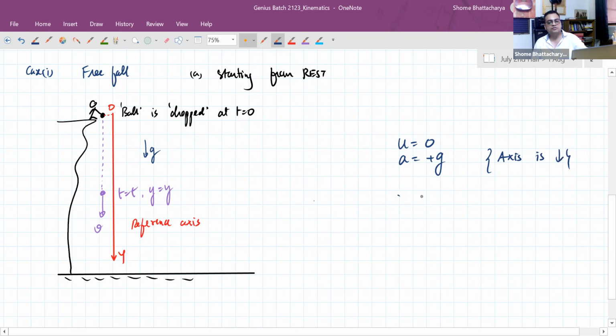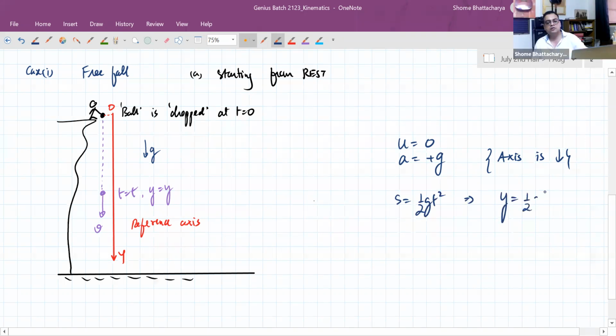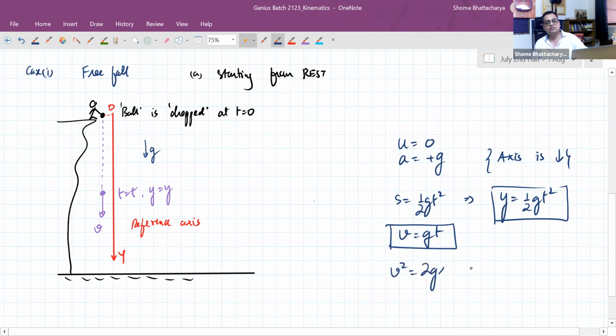Okay. So our displacement will be half g t square. In this case, the displacement is same as the instantaneous position, and the velocity will be g t. And we also have the relation that v square is equal to 2gs, or v square is equal to 2gy. So these are the three equations that will govern everything. Equation 1, equation 2, and equation 3.